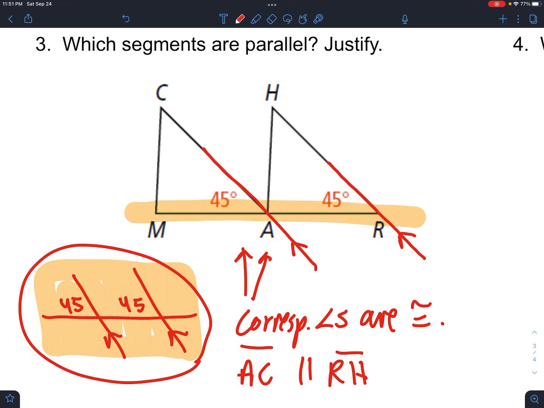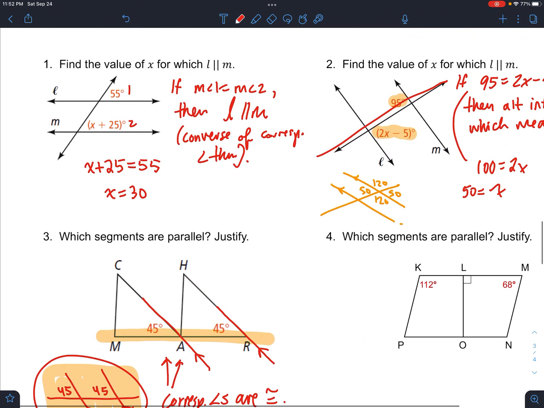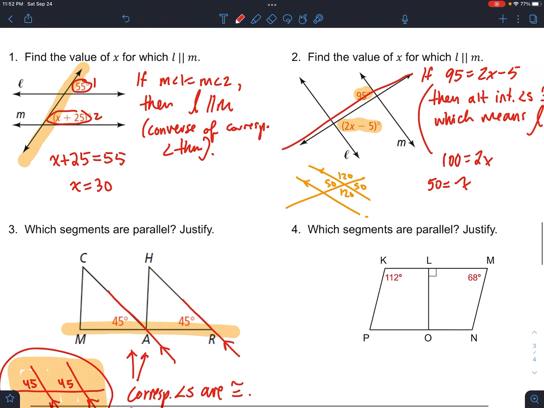Just because I know that this is something I'm comfortable with. So definitely maybe a hard one to navigate at first, but I just always try and identify the transversal, and the transversal is always the one, you can see it here too, that includes both angles. Both angles touch it. You know, L is not a transversal because it doesn't touch the angle pair.